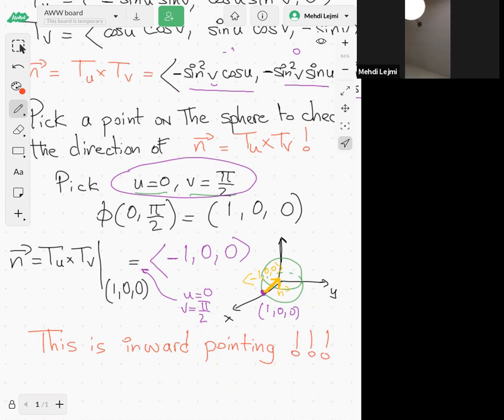So in this problem, we need to orient the sphere with an outward pointing normal, not an inward pointing normal, right? So that's not the right orientation.